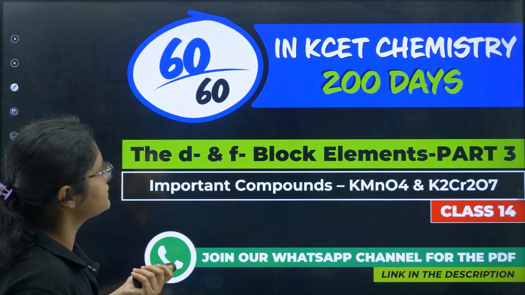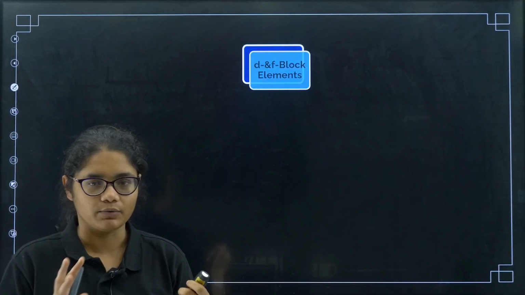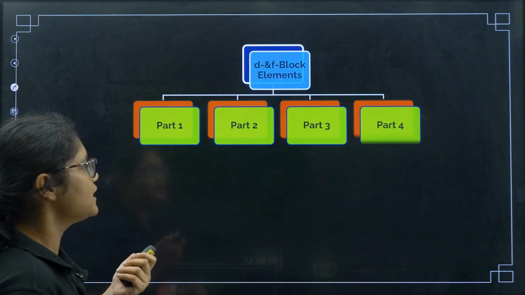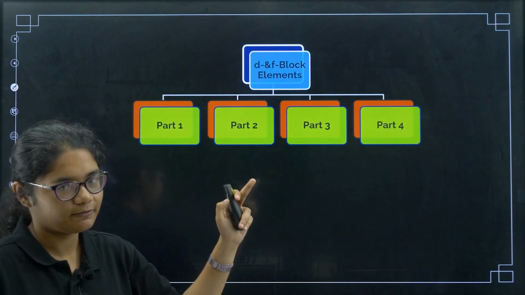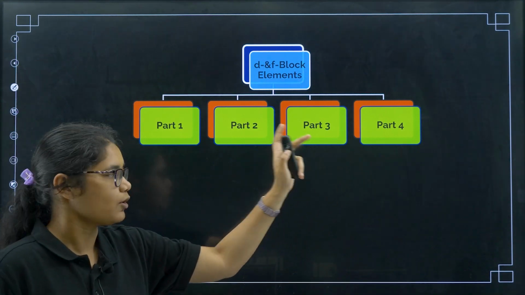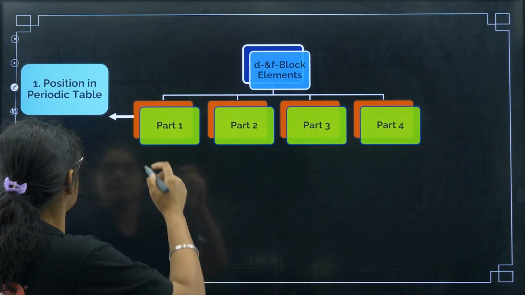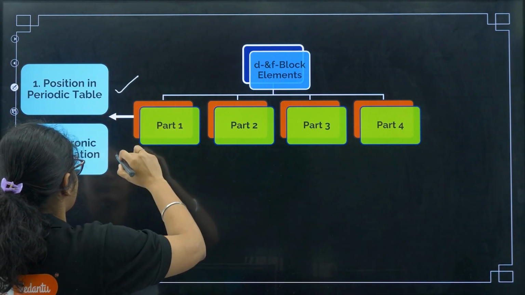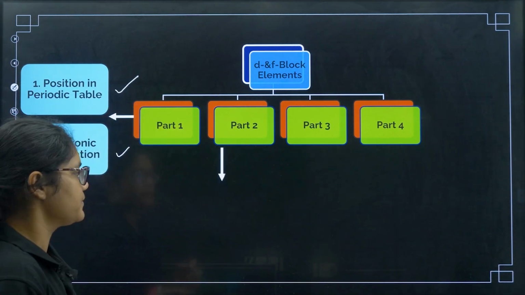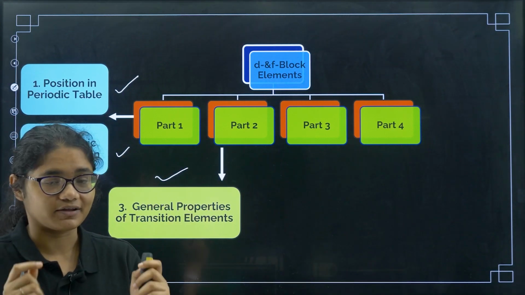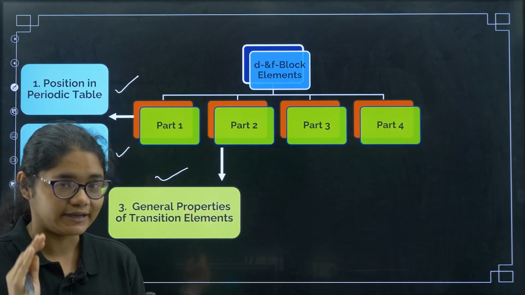So the first thing that I want to tell you is how are we going to cover this chapter. I have already discussed in my other videos that this chapter will be covered in 4 parts. Today we are in part 3, already 2 parts have been done and one more part is remaining. In part 1 we have already seen position in periodic table and electronic configuration. In part 2 we have seen general properties of transition elements, where we have covered all the 14 properties in detail.